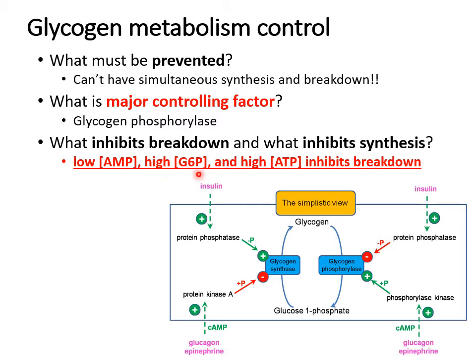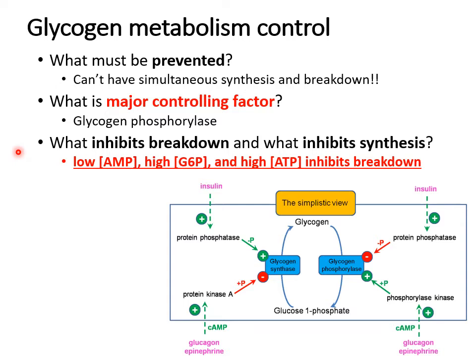The other part of this condition you notice is high G6P. Well, we saw in the first step of the breakdown of glycogen, G6P getting produced. Glucose 6-phosphate is one of the intermediate products in glycogen breakdown. And we talked about negative feedback previously.